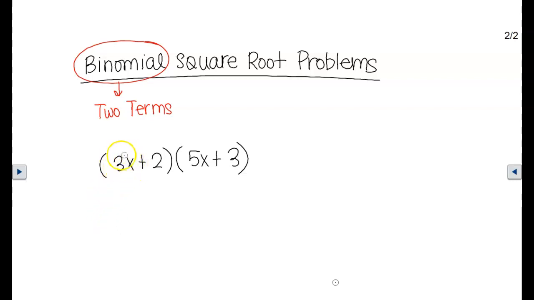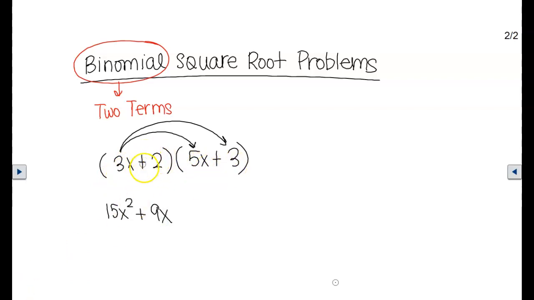So we start out with our 3x and we distribute it over here. So we do 3x times 5x, which would give us 15x squared. Then we also do 3x times 3, which would give us 9x.